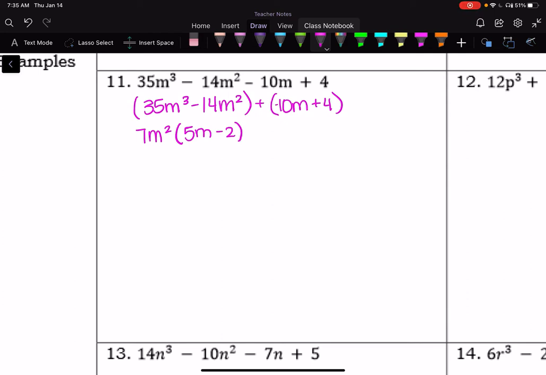And then take a GCF from my second group, which will be a negative number, and it'll be negative 2, to leave me with 5m minus 2. My funny GCF is 5m minus 2, and it leaves me with 7m squared minus 2 for my final answer.